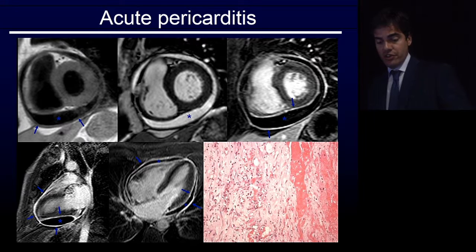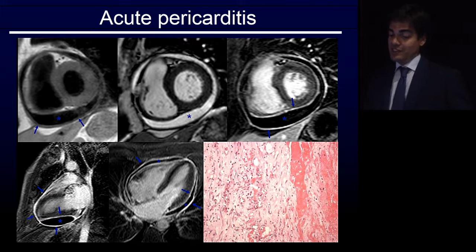Thickening on T1 of the pericardial layer with effusion. This is a T1 turbo spin echo, so fluid is dark. For us radiologists, it's easier than for cardiologists to recognize signal changes. This is late enhancement imaging with thickening and enhancing pericardial layers, with a minimum amount of effusion confirmed at different planes.